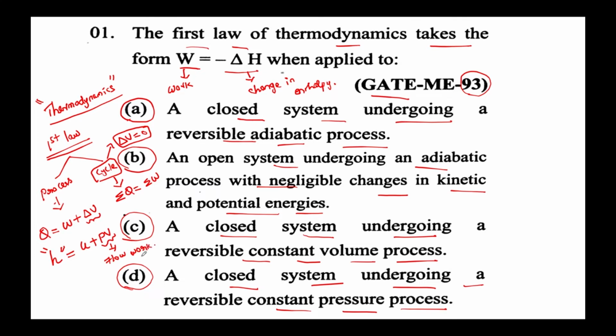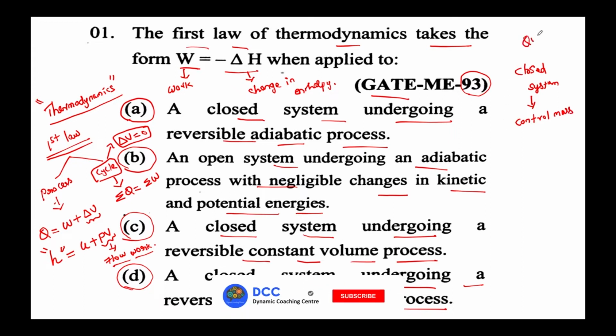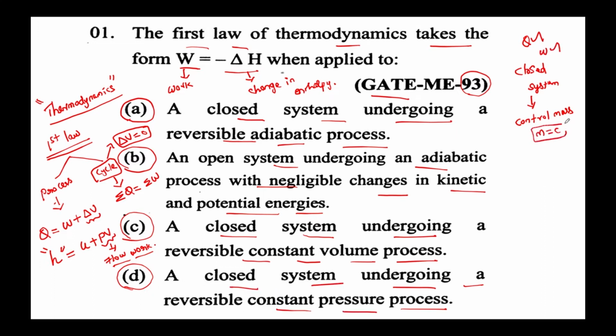If you take a closed system, it is also called a control mass, because for a closed system heat interaction is allowed and work interaction is allowed, whereas mass remains constant.